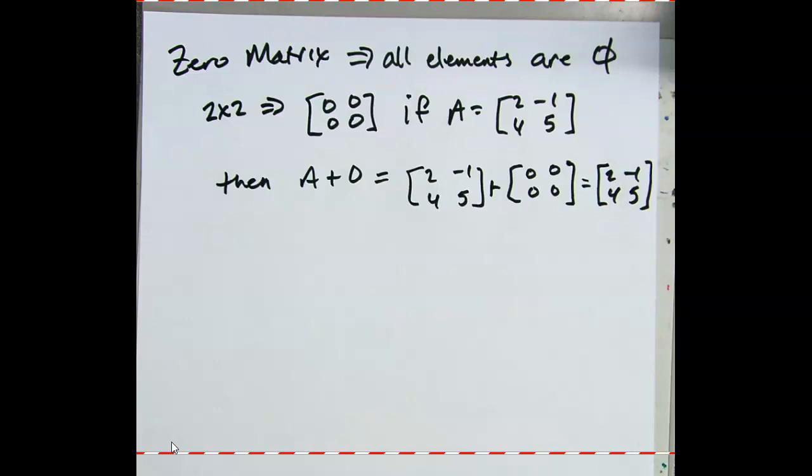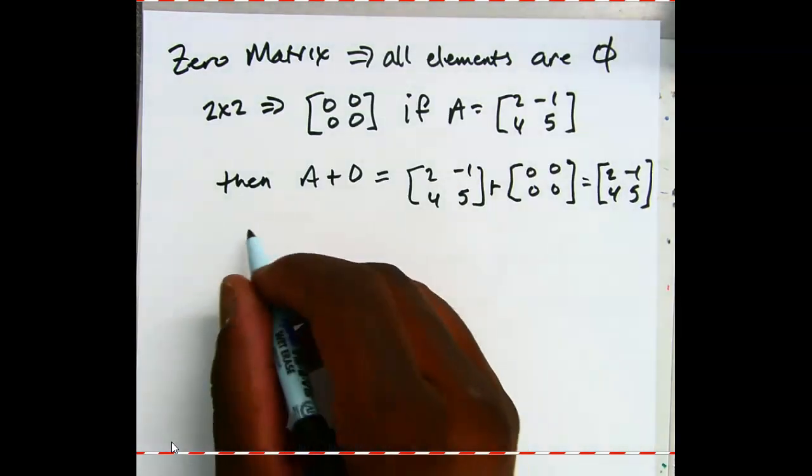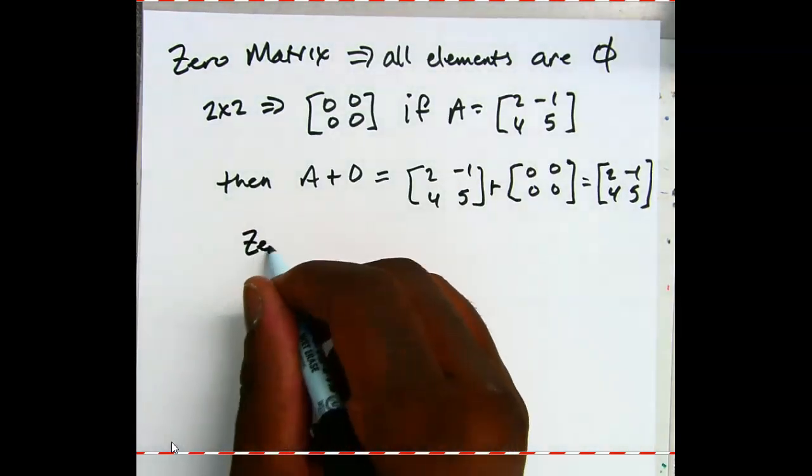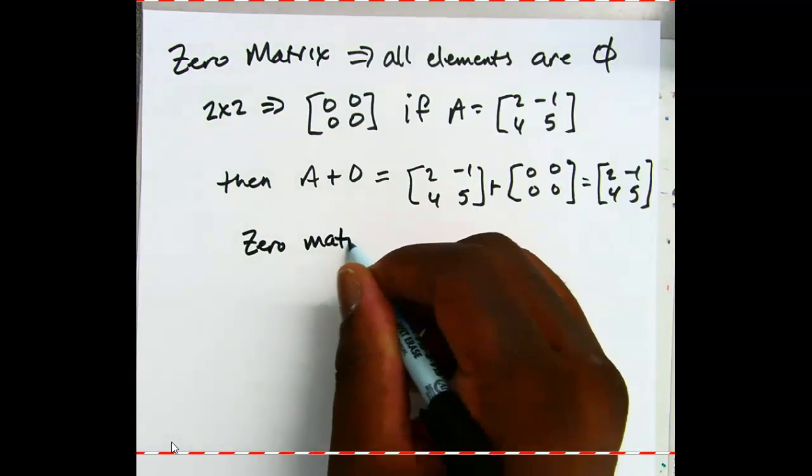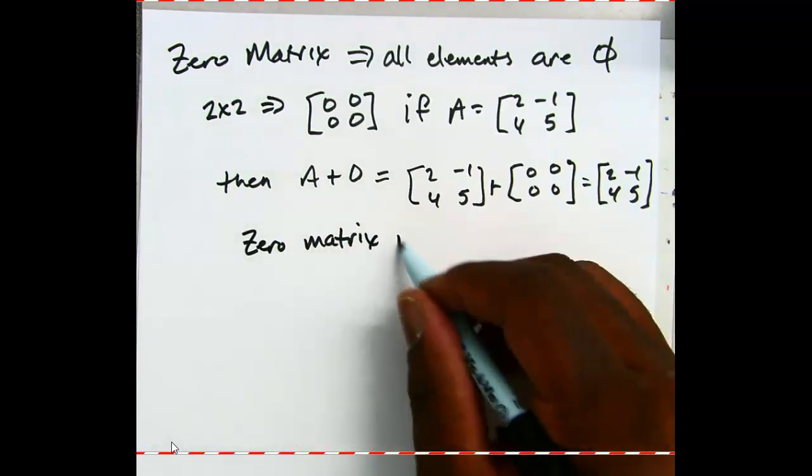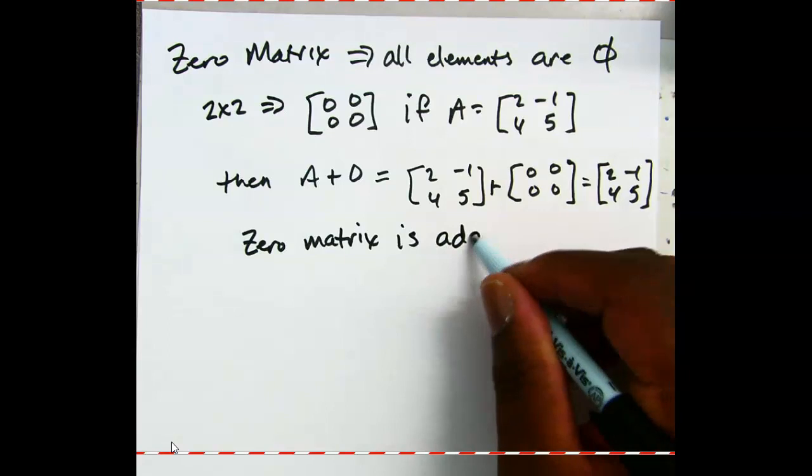So that's the additive identity. Just like with real numbers, if you add 0 to any real number, it doesn't change the value. That's the additive identity. So the zero matrix is the additive identity.